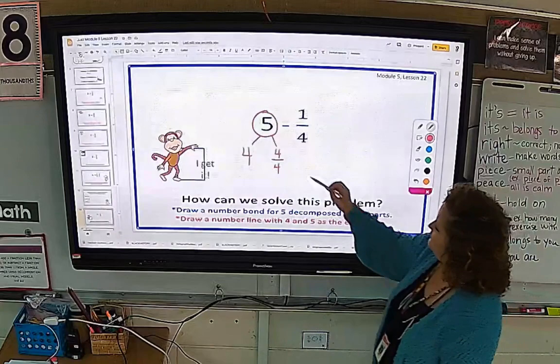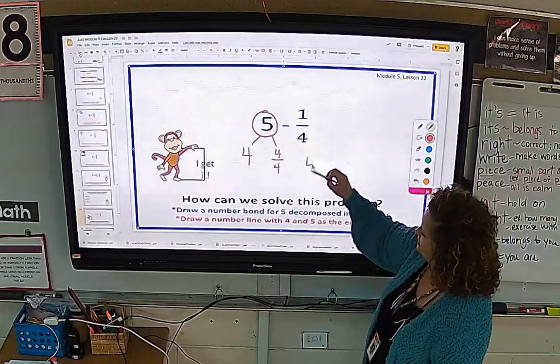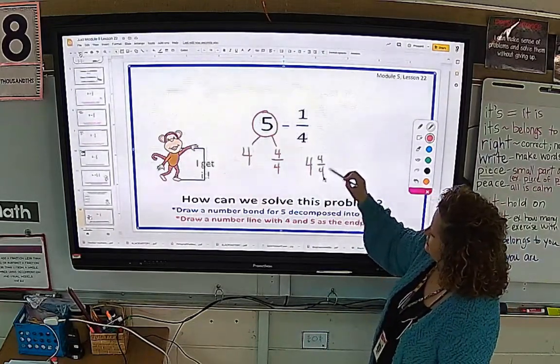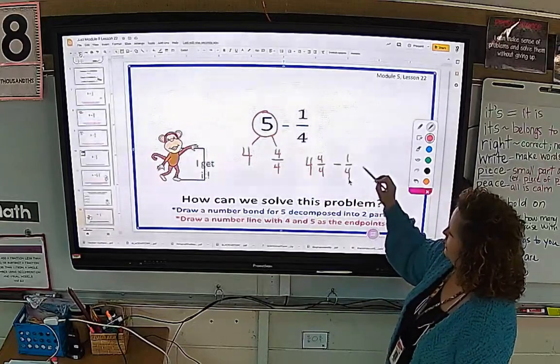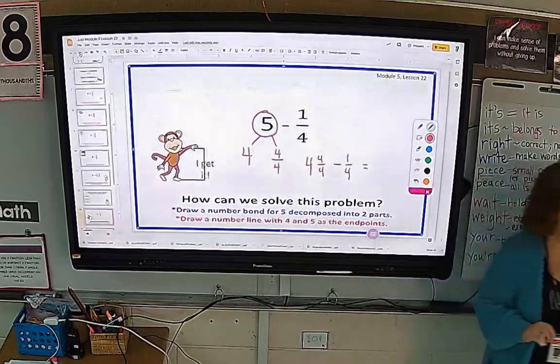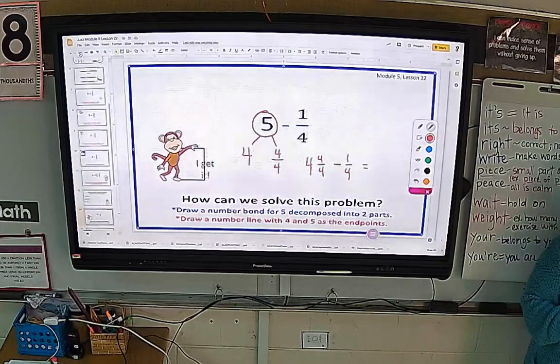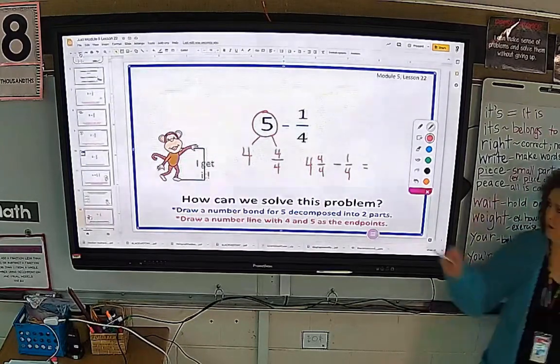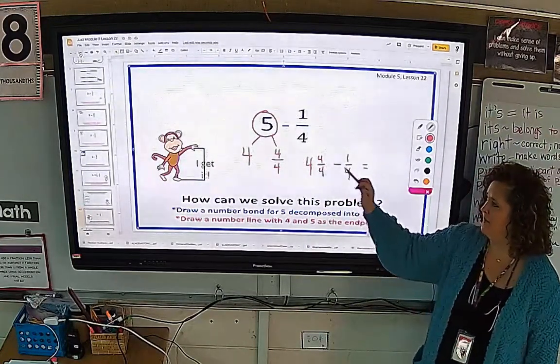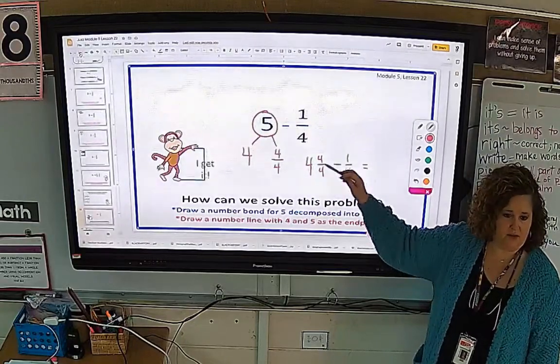So now we have 4 and 4/4. Take away 1/4. Well, how does that work? How does that work? The whole number we can leave alone because we have enough. Do we have enough fractions to take that fraction away?